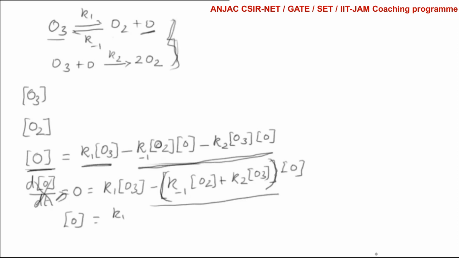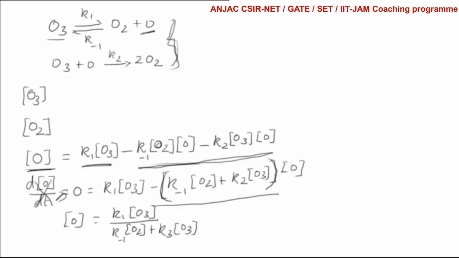It is [O] = k1[O3] divided by k-1[O2] plus k2[O3].